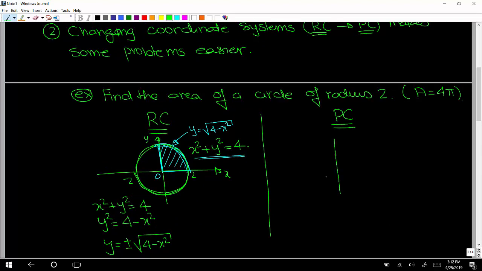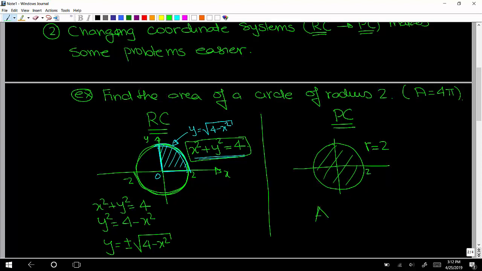Well, we'll start with the same thing. We'll start with a circle. The nice thing is, this is the equation of the circle in rectangular coordinates. It's the same equation in polar coordinates, just r is equal to 2. Okay, so that's what we're going to start with.